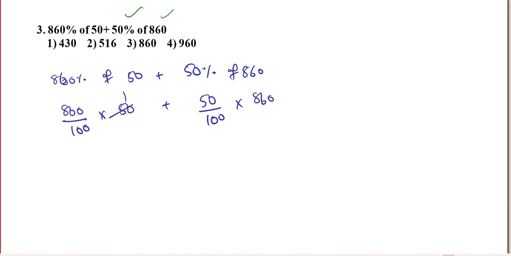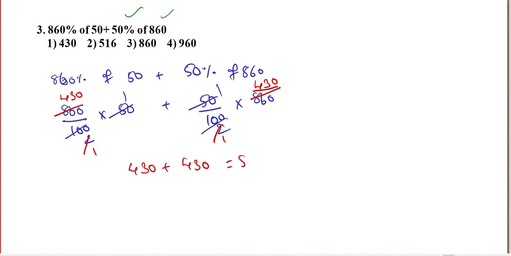So 50 by 100 simplifies: 50 1s are 50, 50 2s are 100. Here also 50 1s are 50, 50 2s are 100. Again, with these two we can cancel: 2 1s are 2, 2 4s are 8, giving 430. So what would be our answer? That is 430 plus 430, that is 860. So the third option is the correct answer for this question.